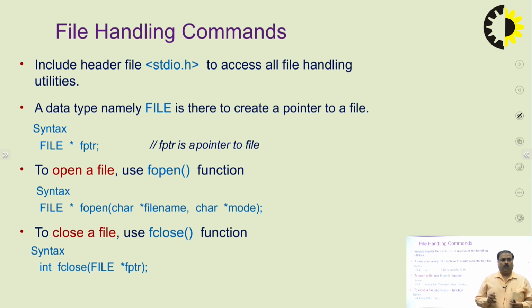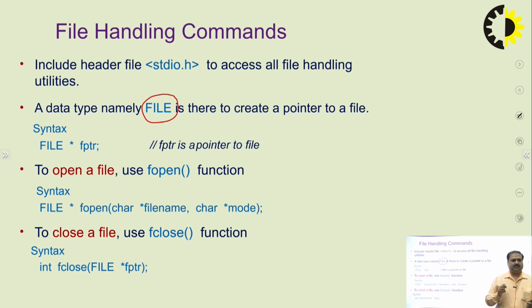Another thing we require for file manipulation is a special type called FILE, in capital letters. It is created by the compiler, it is a kind of structure, and a type definition of it is given as the name FILE, so that we can utilize it. This is not a primary data type. It is a library type which is available to us to manipulate files.